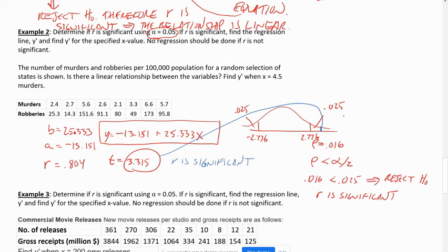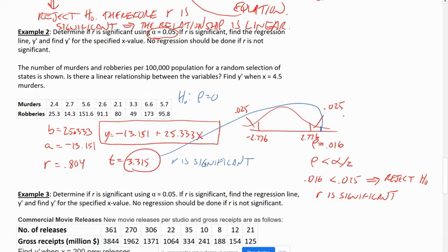So we reject our null hypothesis, which always says rho is equal to 0, and since we're rejecting the null hypothesis, we're saying that rho is significant.